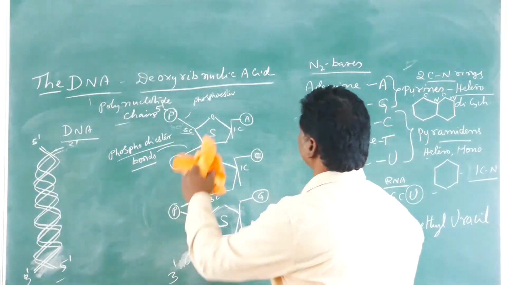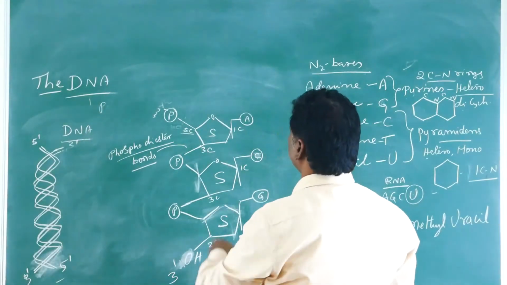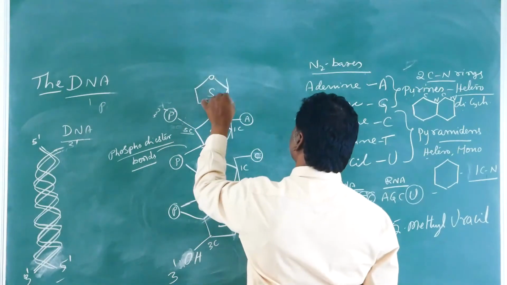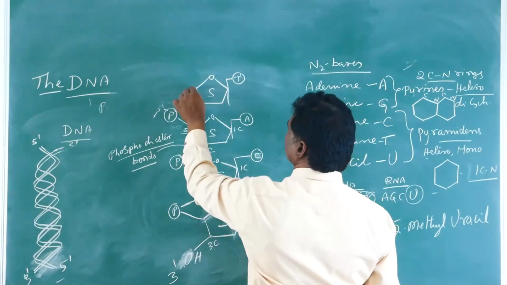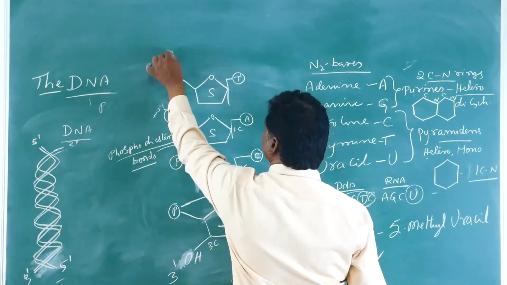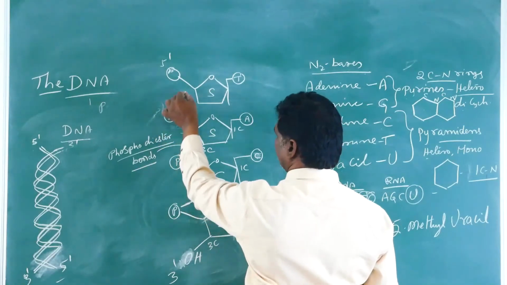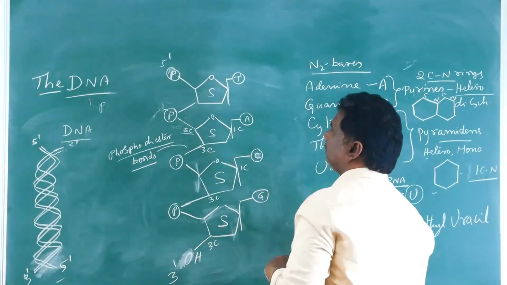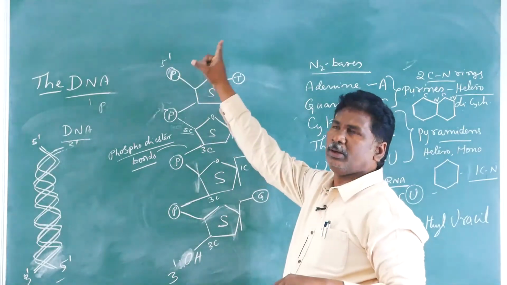It may be another nucleotide, the first carbon may be thymine. The phosphate on the fifth carbon is the 5' end, and this third carbon is interlinked. The OH is at the 3' end, and the phosphate is at the 5' end.